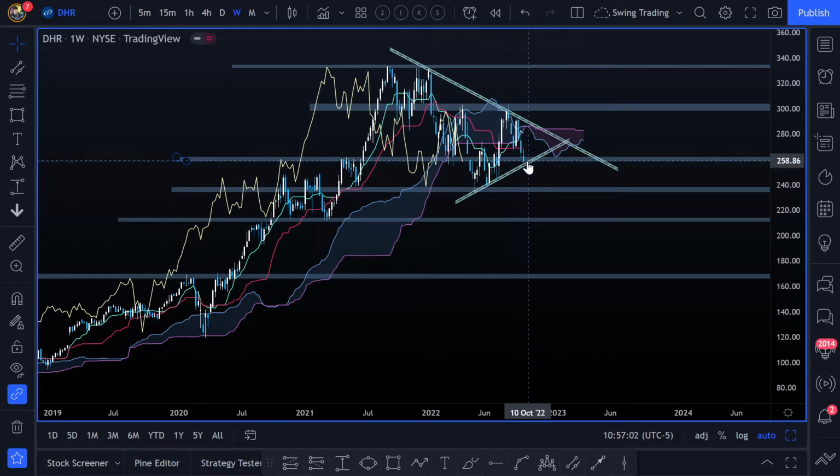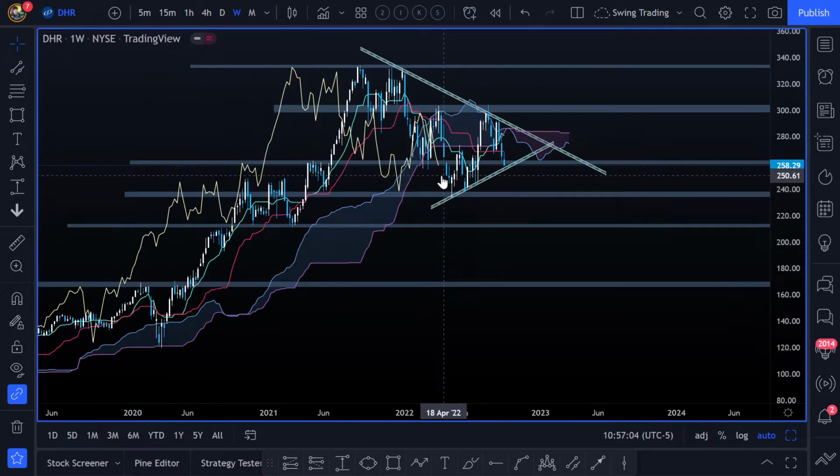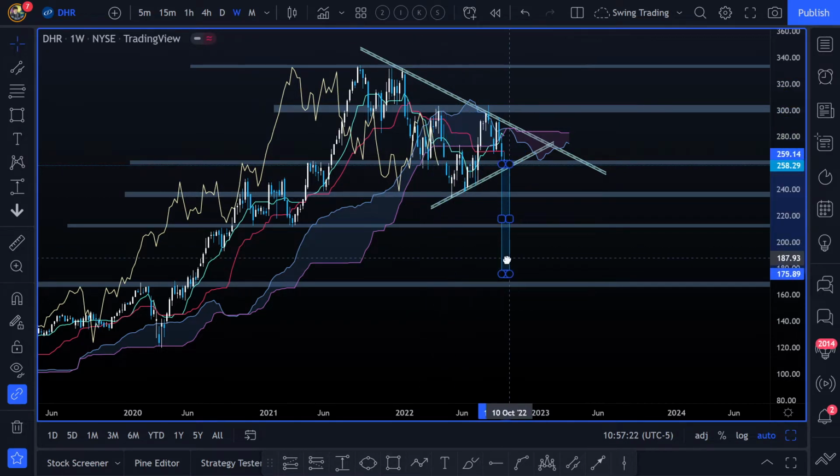So you can see that the price is right now testing this previous support and resistance. So if it breaks, the target of that drop is the height of this symmetrical triangle. So this stock could also go as low as 175, which is close to the previous resistance back then in January 2020. So let's see what this stock does.